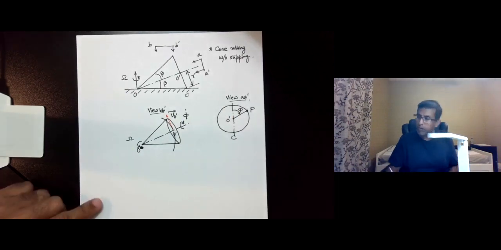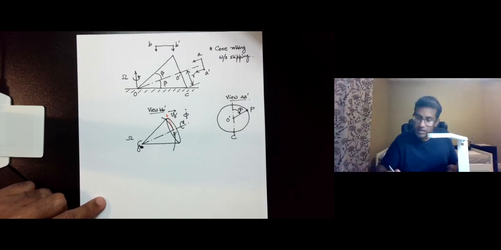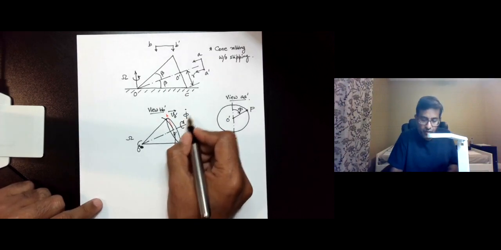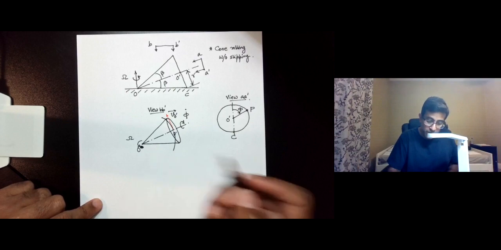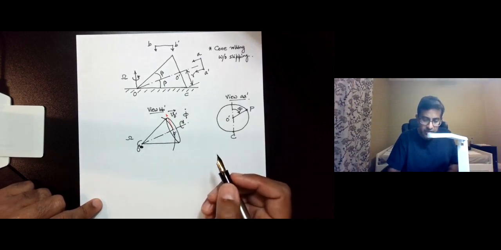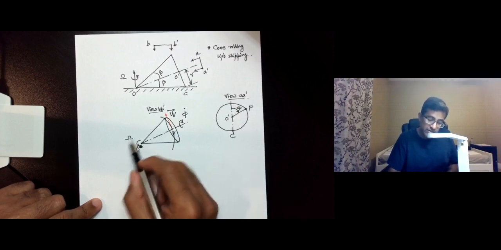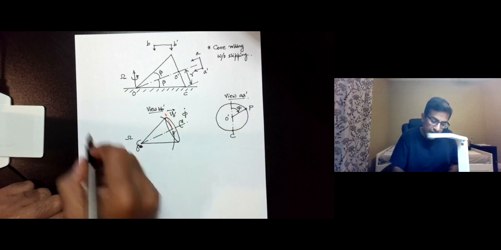If you go over our previous videos, you will find that we have derived an expression for phi dot as a function of omega, because since it is rolling without slipping, rolling at a certain speed automatically causes a spin about its axis.